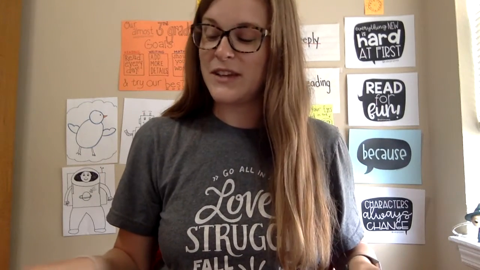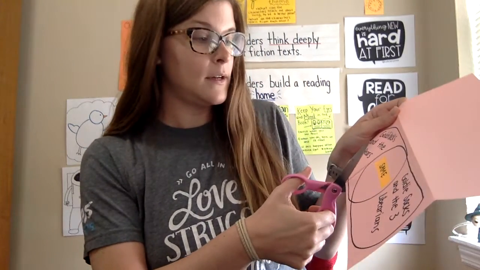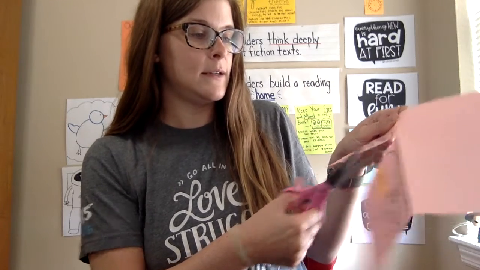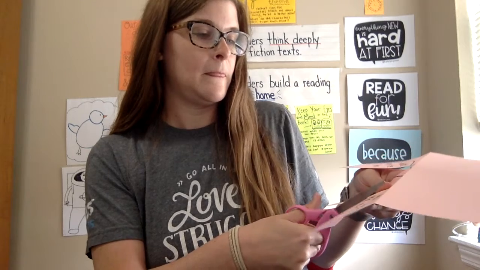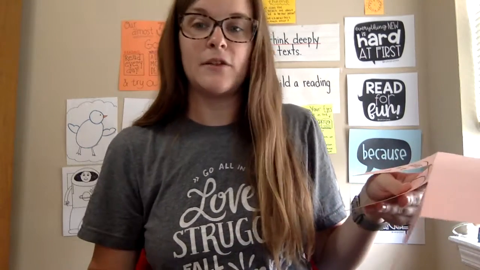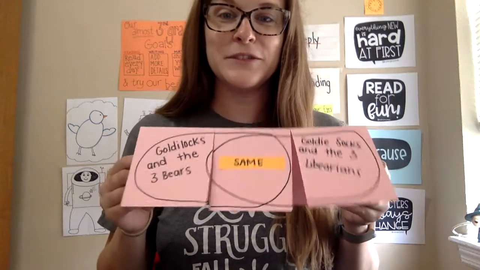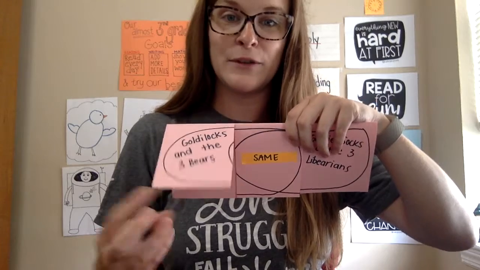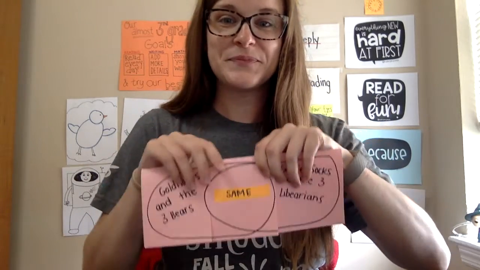Okay, so you're going to take your scissors and very simply cut up to the crease in a straight line. That's one flap. That's the other flap. So now you've created a little flip book. So everything about Goldilocks and the 3 Bears that makes it different and special, I'll write under here.